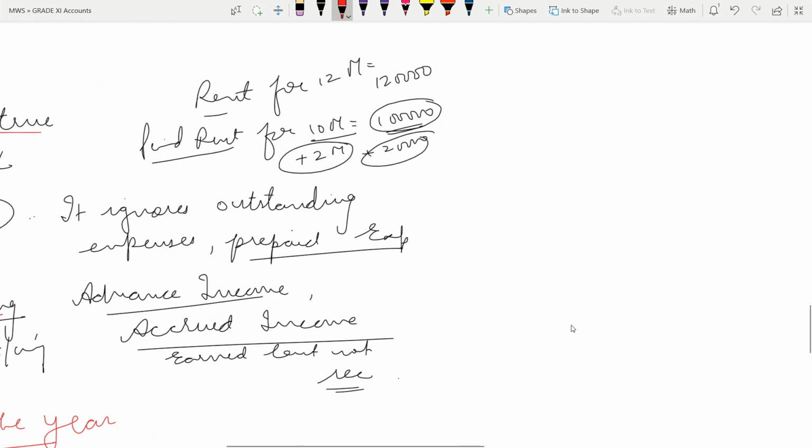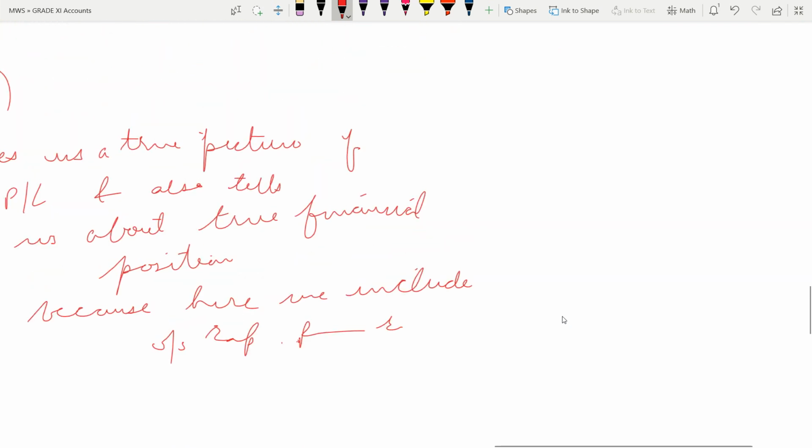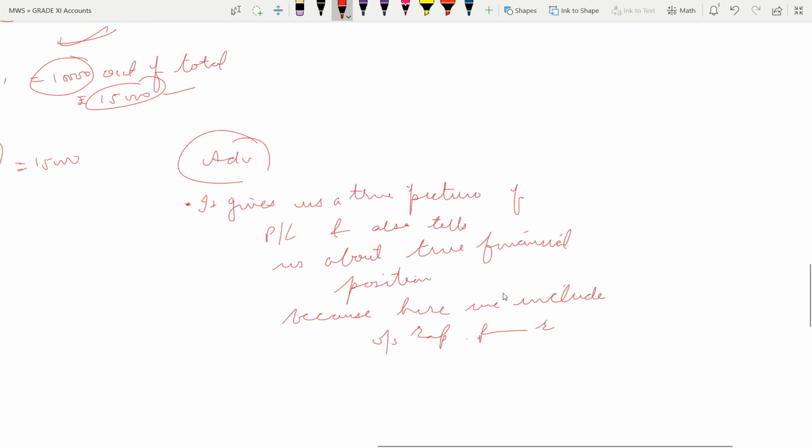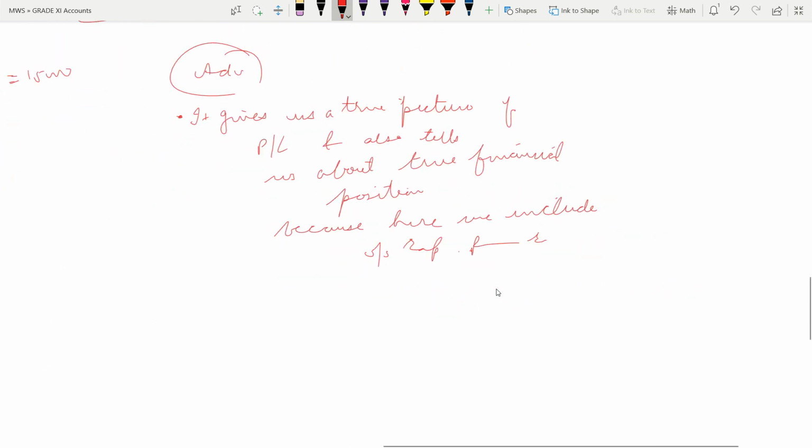All of these we are recording in the accrual basis of accounting. That's why it gives us a true picture. After this, we have written the disadvantage in cash basis that it does not follow the matching principle. So we can write that accrual basis follows the matching principle. And we can move on to the next point.